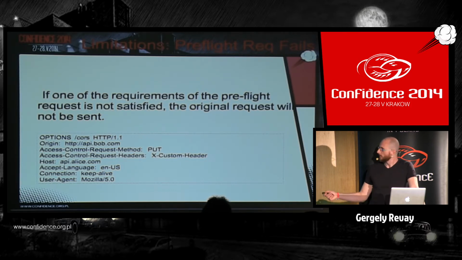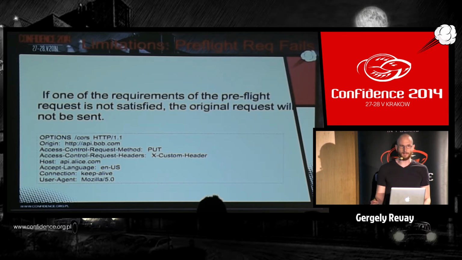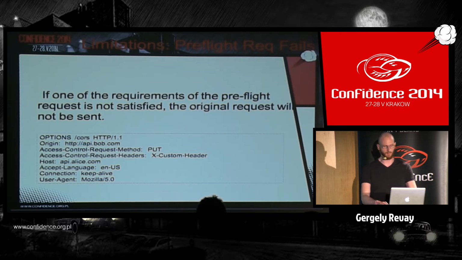So if you wanted to send a PUT, but the server replies that it doesn't allow PUT, just GET and POST, then the browser will just not send your request. It's so easy. So in that case, there is no write and no read. That's also a pretty strong limitation. Actually, if you're using CORS in an attack, you want to stay in the simple request area, which is not that difficult, but you have to pay attention.